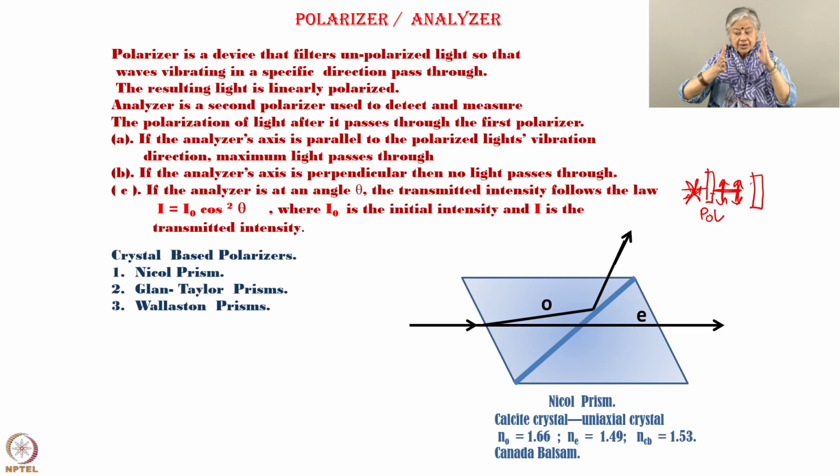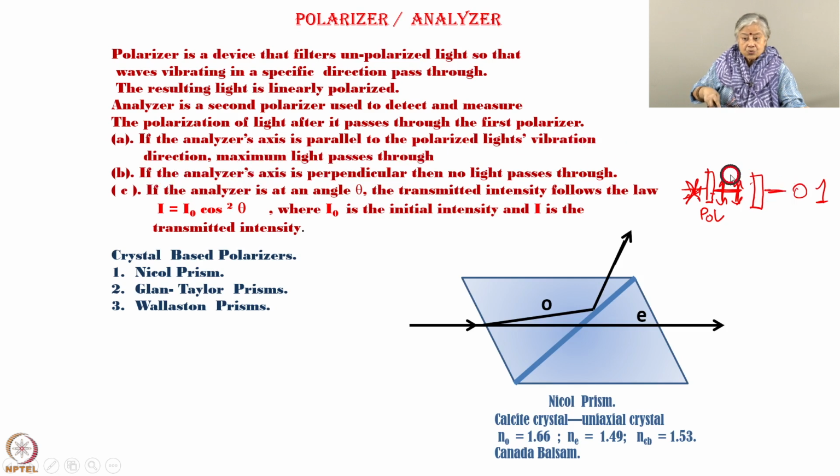And as you rotate it, you will find the light on the other side becomes 0 or 1 or in between. Okay, that is what I am trying to say here. If the analyzer axis is parallel to the polarized light's vibration direction, then maximum light passes through.